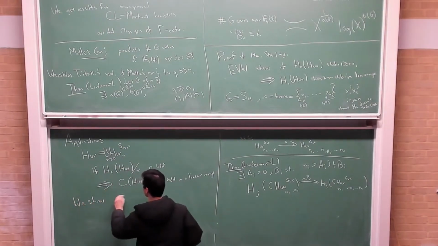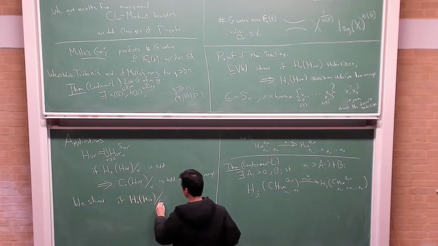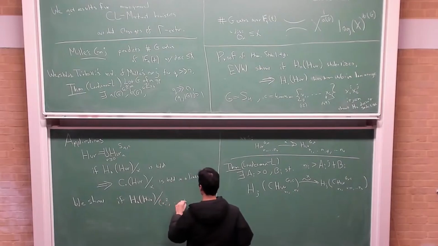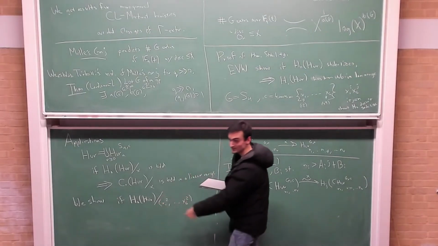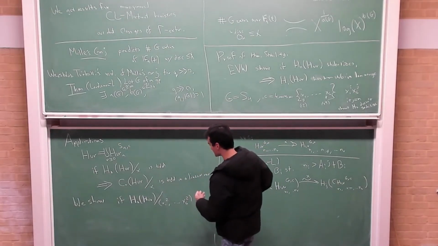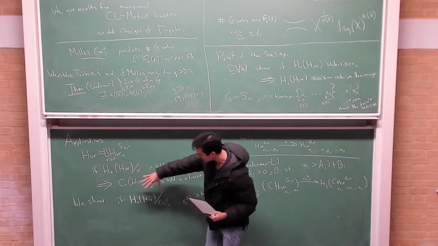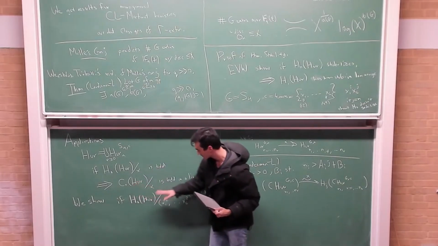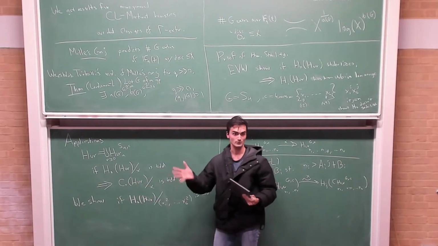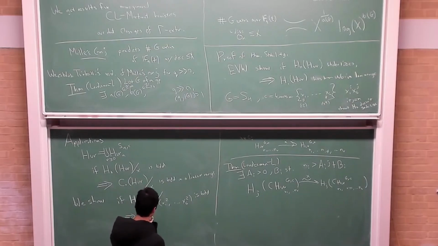We show that if you take H naught of this Hurwitz space, and you instead quotient by a sequence of elements, in particular the sequence x1 squared all the way up to x6 squared, so we iteratively take the cofiber by each of these elements, and if this is bounded, so it's like a Koszul complex where you take this ring and quotient by all these elements, and you want that to be bounded, then that implies that the same thing is true for the whole Hurwitz space.